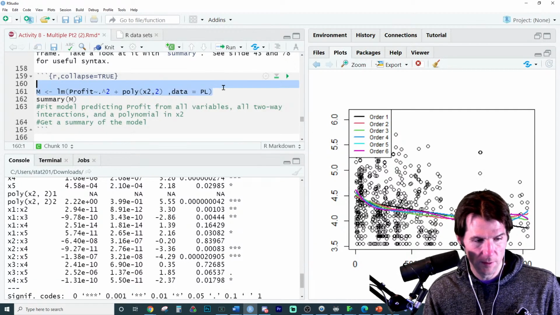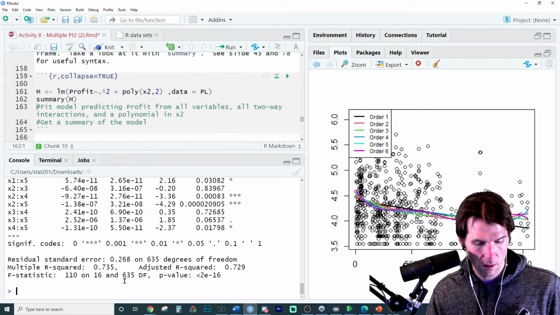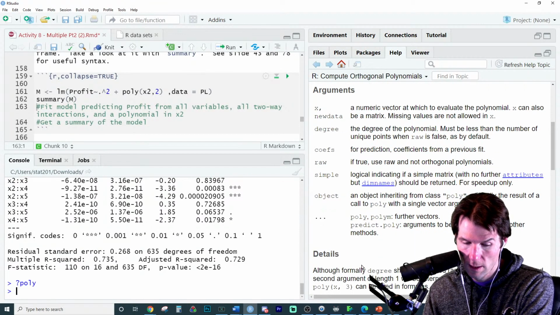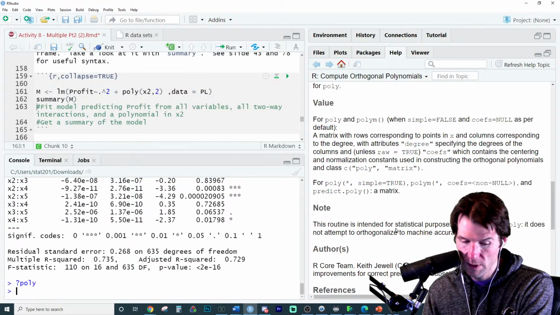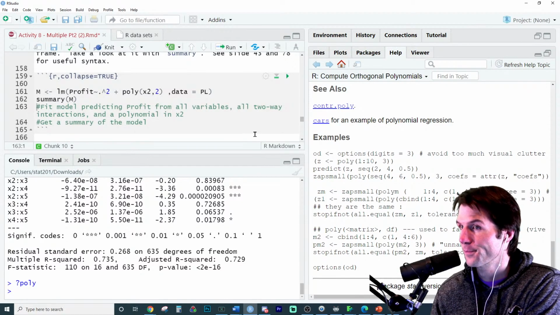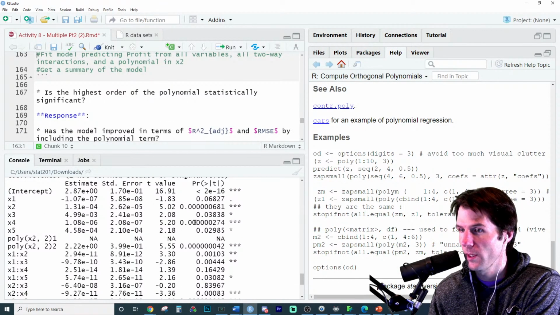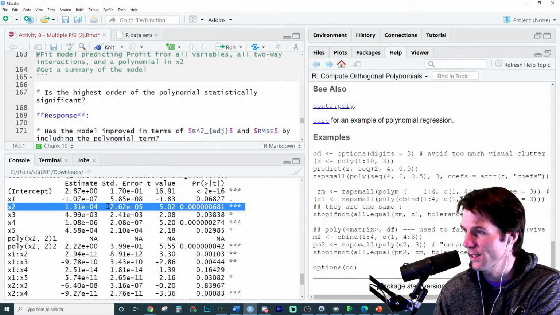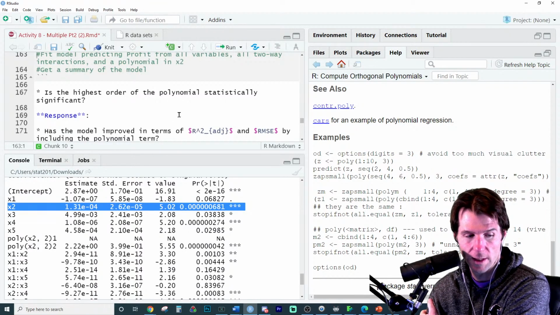Whenever you're wondering about a function, run it. Over here, take a look. Logical indicator if it's simple matrix, no. Degree, well, we already know what degree is. I want to not carry through model hierarchy, but maybe I won't do that. Too bad. We get the output that looks like this. It's all right. It just means that it already put it in the model. It can't estimate coefficients for something that's already in the model.